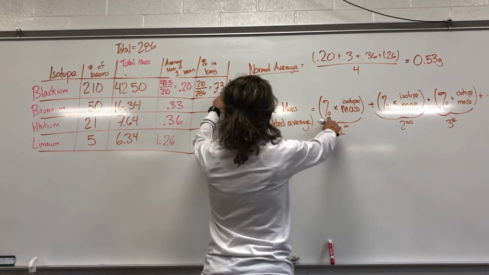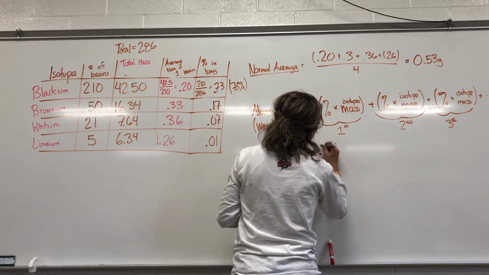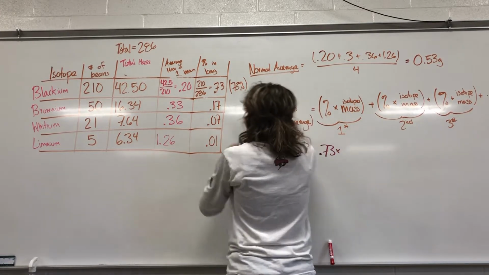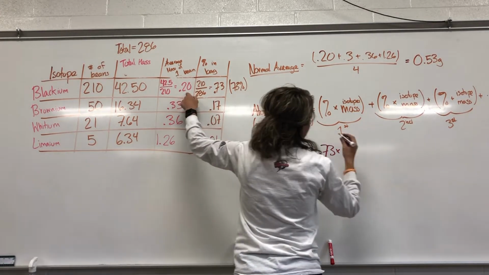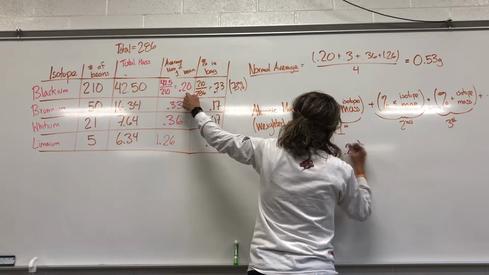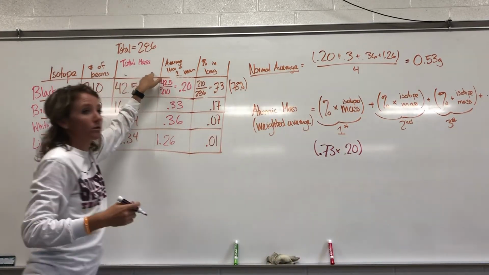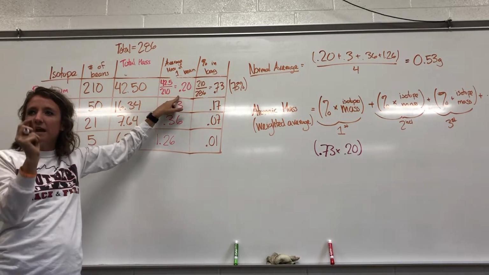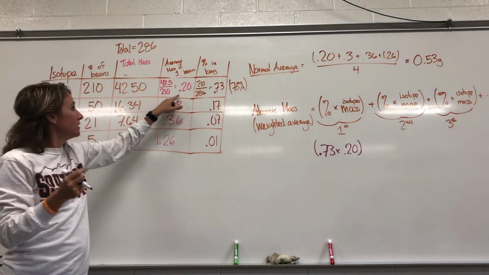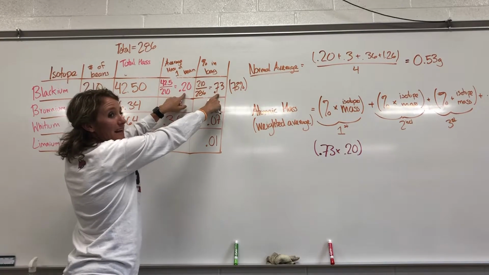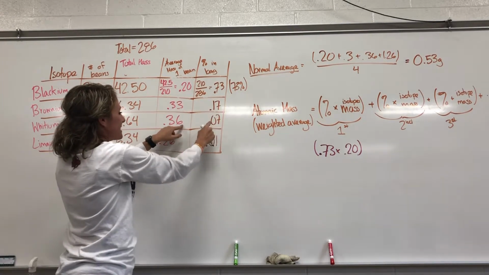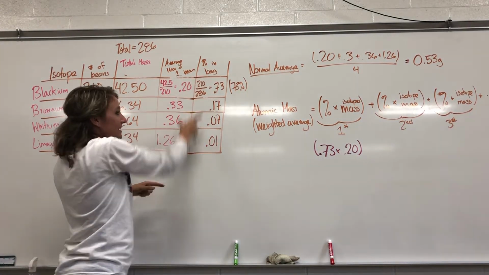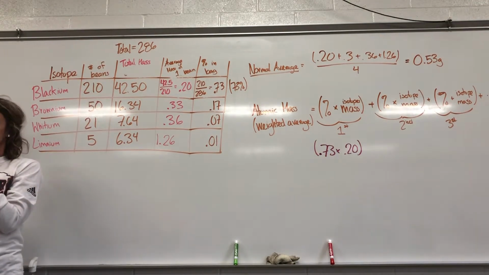I would take the percent, so 0.73, times 0.20. If you didn't hear McKay's question, he was asking, is it the individual or the total? It's always the individual, because that's what we're trying to isolate: how much does one beanium weigh on average. So I do this times that, this times that, this times that, this times that, and then add them all together.